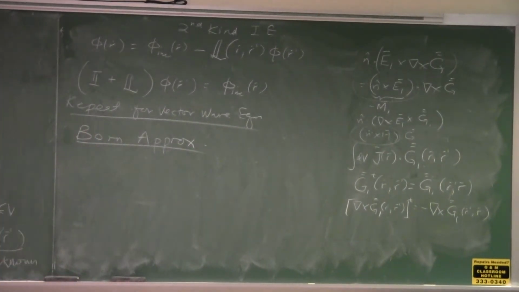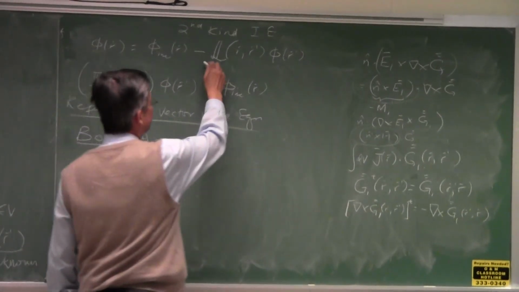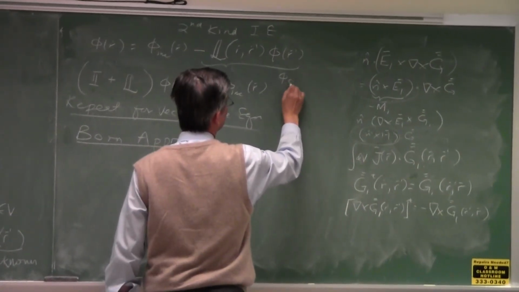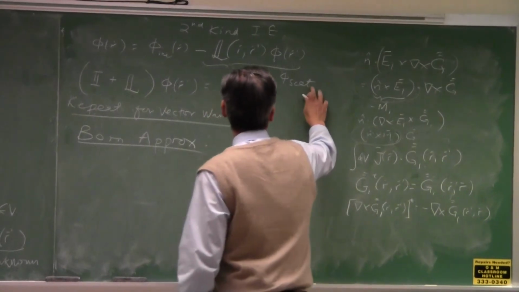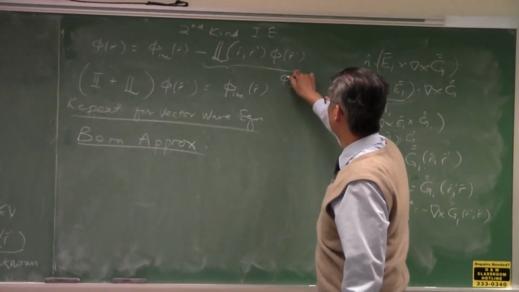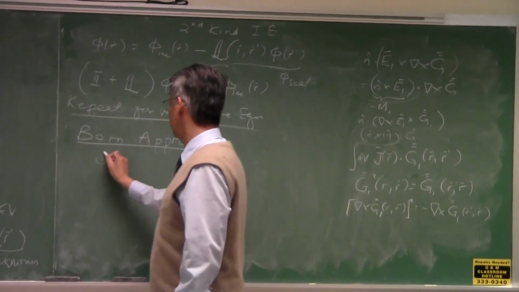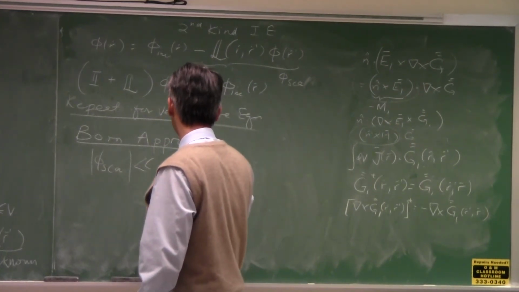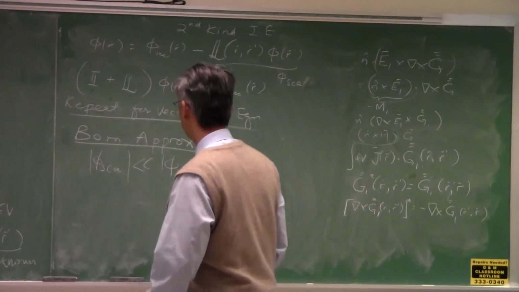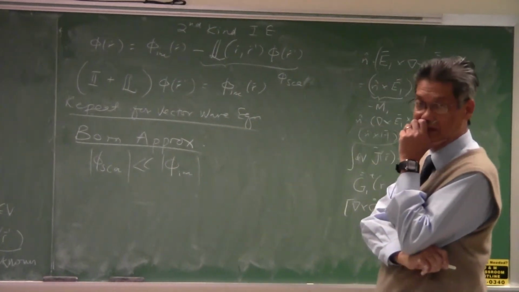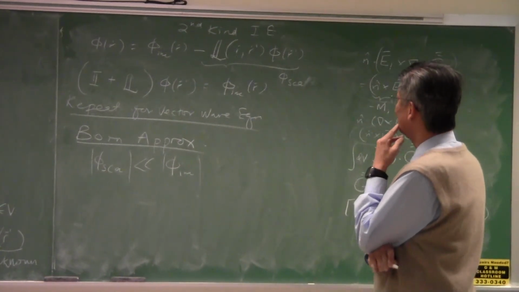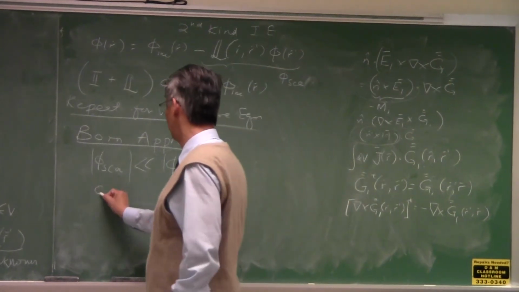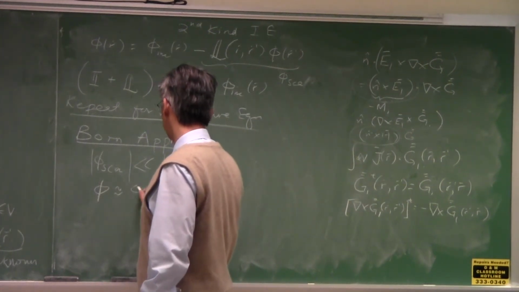It states that if the scatterer is weak, so that the scattered field is much smaller than phi incident, and this statement is true, then we say that phi is approximately equal to phi incident.